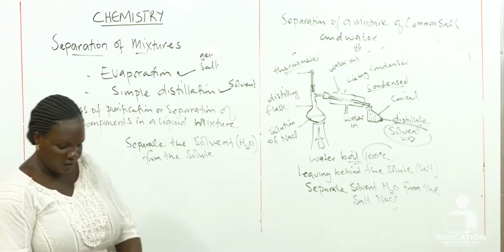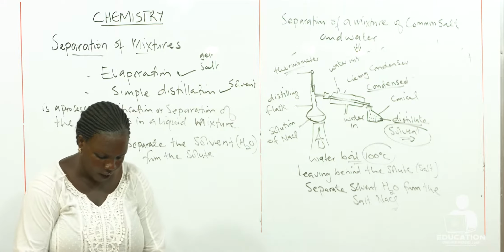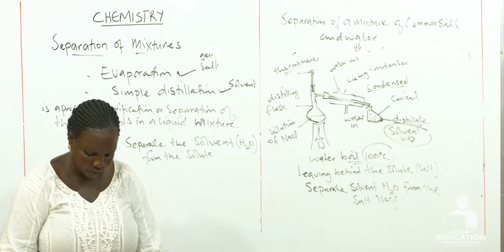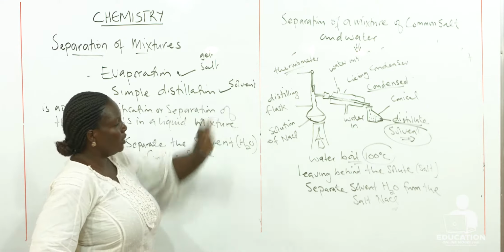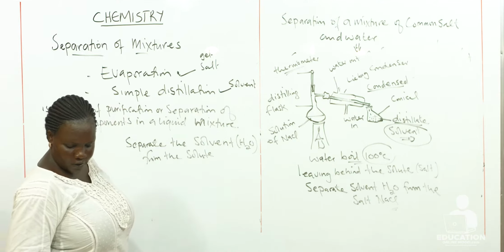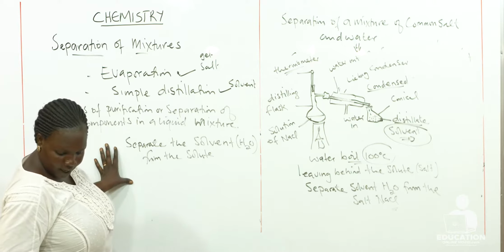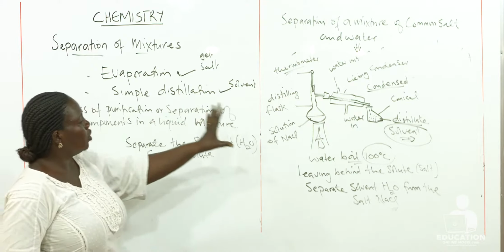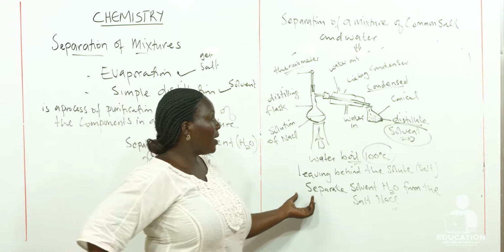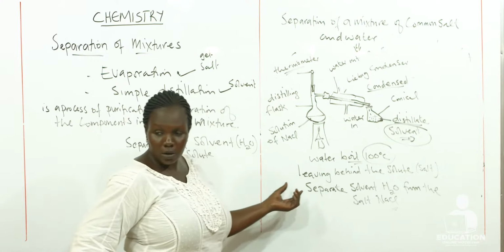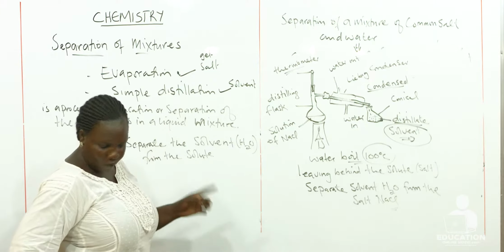So this is a brief explanation. We say that simple distillation is a process used to separate a solvent from a solute based on the principle of boiling point.